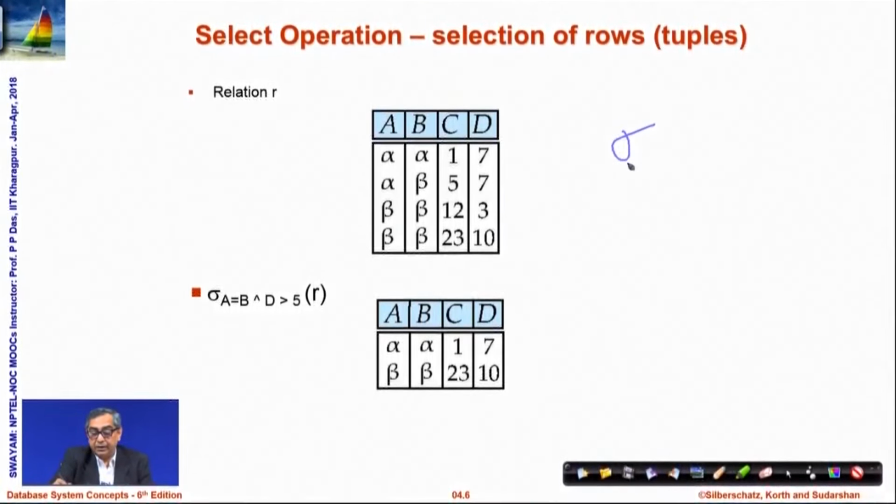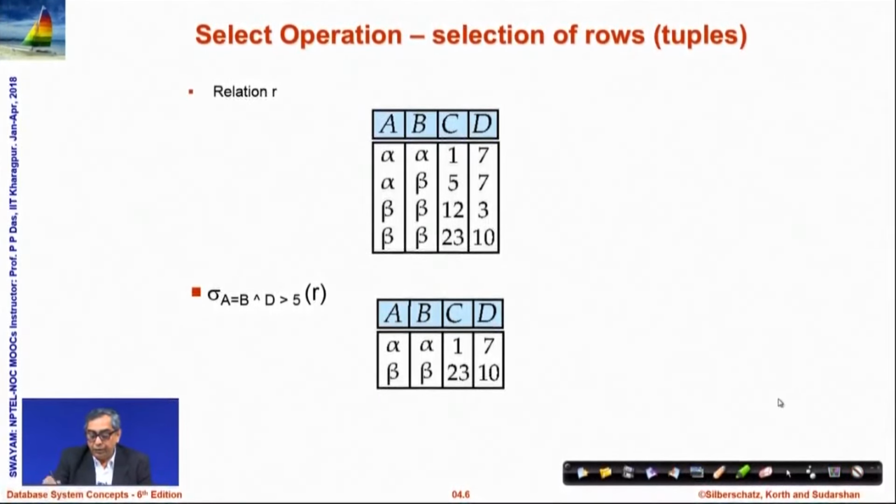Now say the selection is D is less than 1. This will fail, this will fail, this will fail, this will fail. So, all of them will fail. So, the result of an operation could be either the whole relation, as we saw last time, or a null relation where none of the records feature, because none of the records satisfy the condition. So, that is the basic select operation.